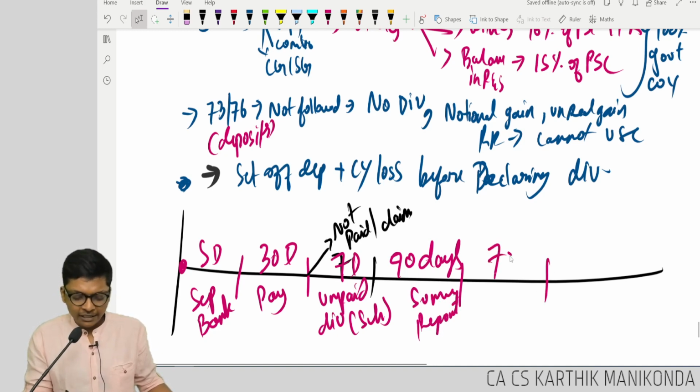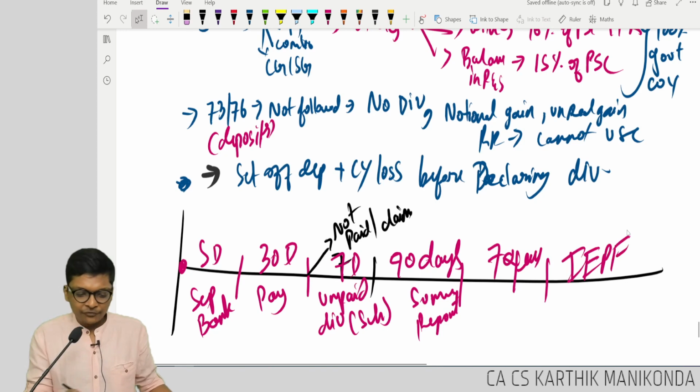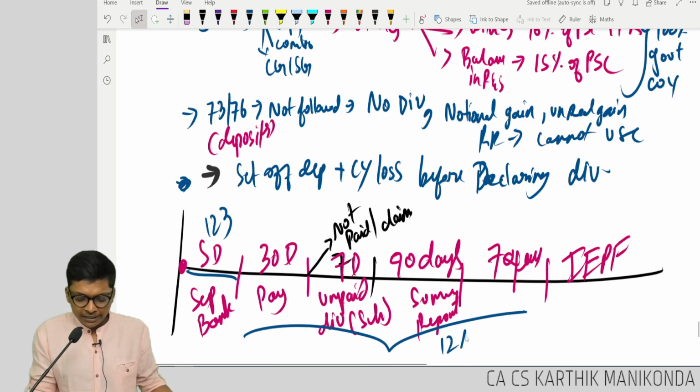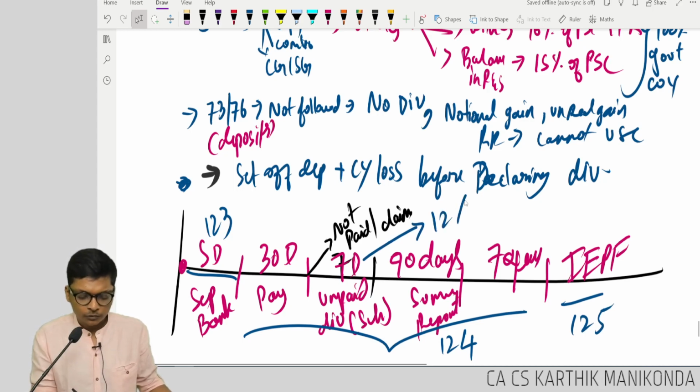After 7 years you get what? IEPF. If I have to put sections, this 5 days will be section 123, the rest is 124, IEPF is 125. If you don't transfer within 7 days, interest is 12%. Are you following, guys?